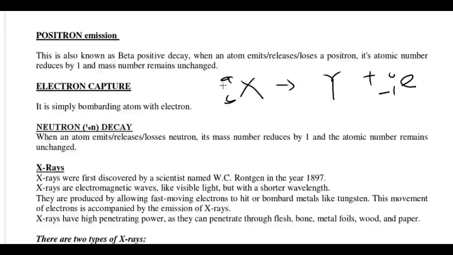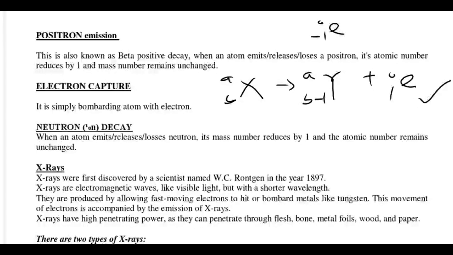Something like this. A minus 0, that is A. This is 1. So this is B minus 1. Don't forget that when we talked about beta negative decay, that's negatron, I represented it this way.